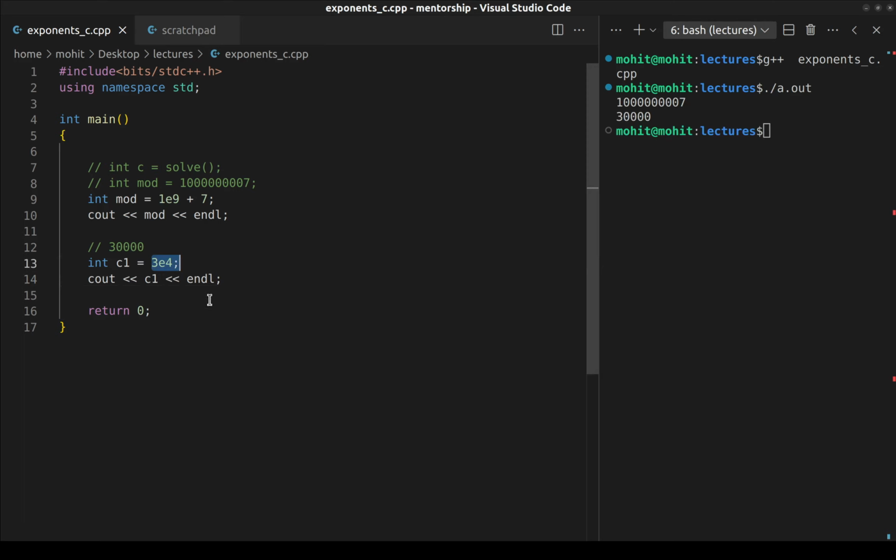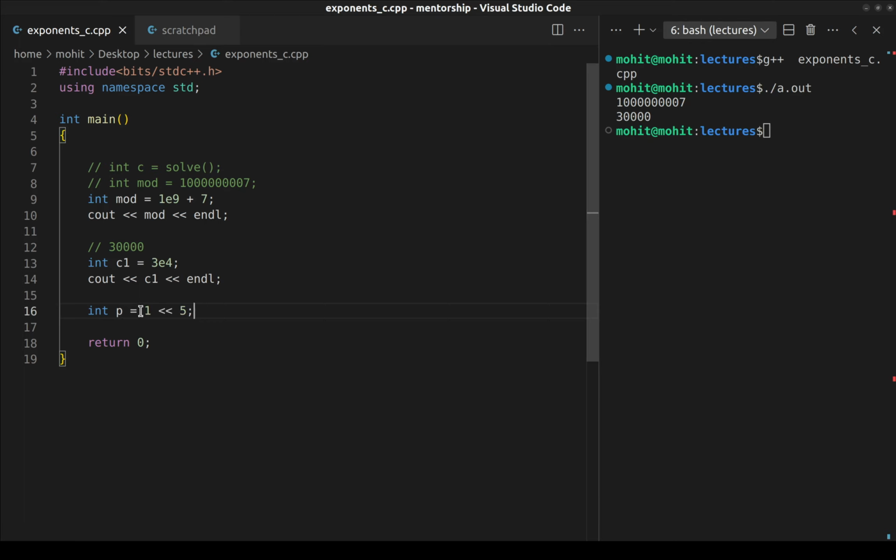Now let's try to do something different. When you are writing code, even when solving problems, there will be a lot of times where you deal with powers of 2. Let's say I have to print 2 to the power 5. Instead of calculating it, I can just write p equals 1 left shift operator 5.